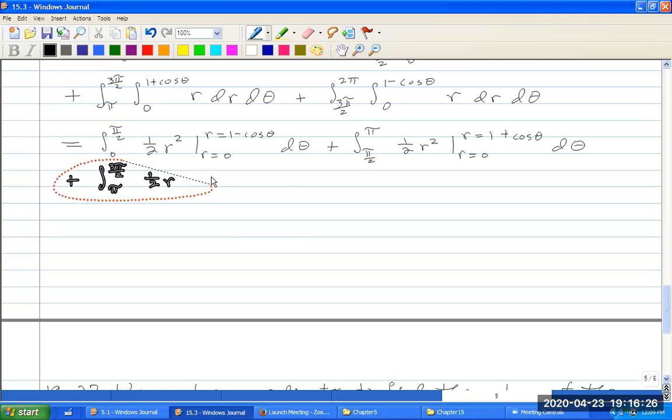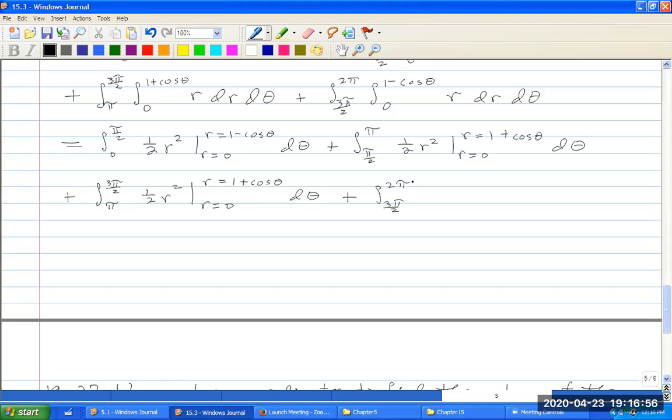3 pi over 2 to pi, 1/2 r squared. I need more room. 1/2 r squared, meaning r equals 0, r equals 1 plus cosine theta. Lastly, the integral from 3 pi over 2 to 2 pi of 1/2 r squared between r equals 0 and r equals 1 minus cosine theta.